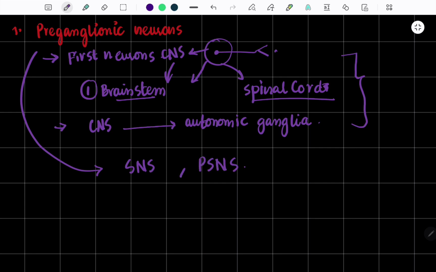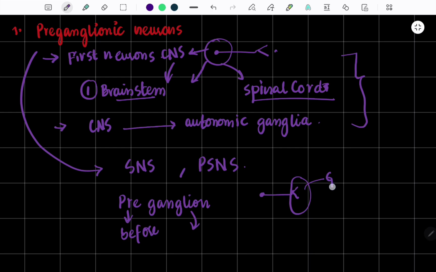They can be structurally different, but they are present in both. You can easily understand from the word: pre means before, ganglionic means ganglia. So these are the neurons that are present before the ganglia. This is the ganglia, and these are the neurons present before it. So these are preganglionic neurons.